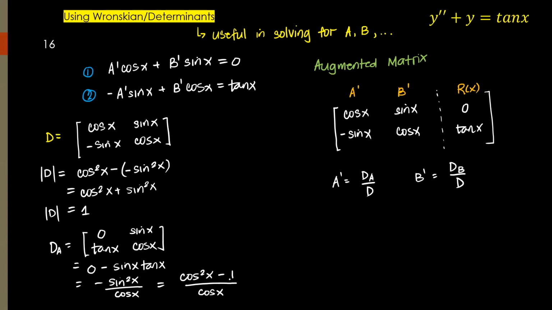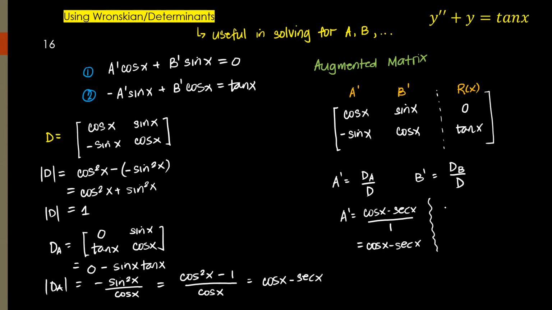Am I correct? So that's dA. So if I would simplify the dA, that gives me cosine of X minus secant of X. Therefore, I can say that my A prime is cosine of X minus secant of X all over 1, which is still the same, minus secant of X. And then let's solve for dB.